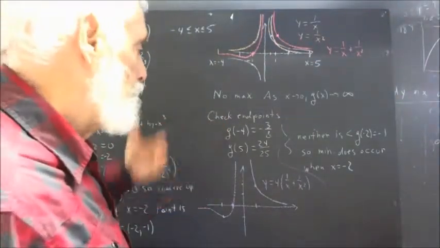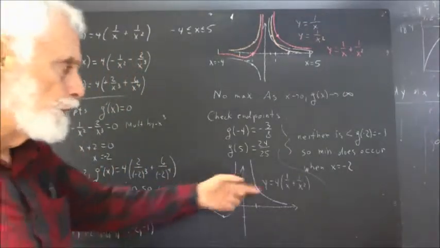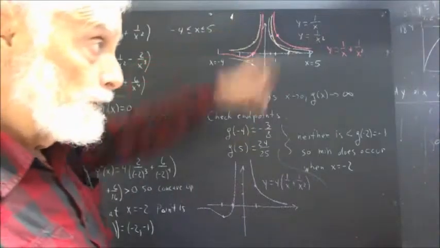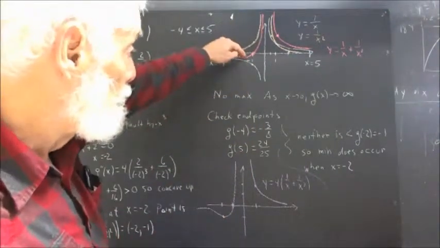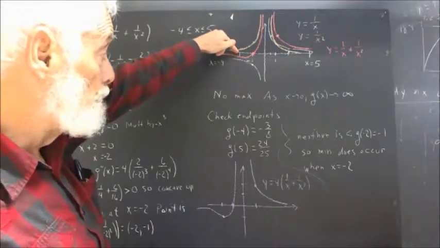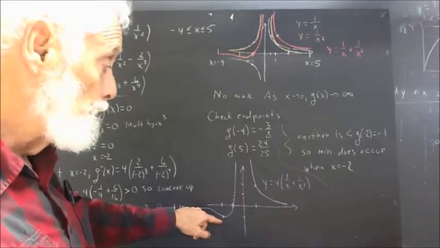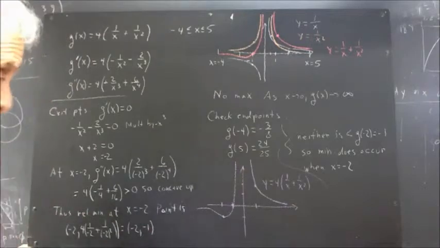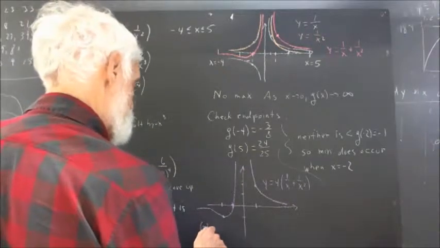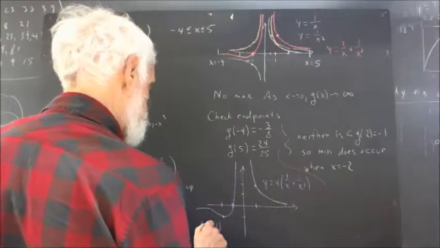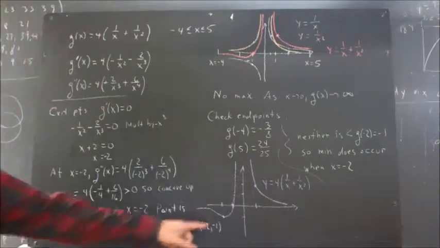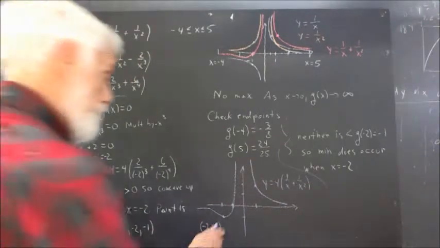So now, when I do the final graph of y equals 4 times 1 over x plus 1 over x squared, it has the characteristics of this graph. It's just that this low point is over where it should be, below x equals negative 2. That's where our relative minimum occurs, and that relative minimum occurs at the point -2, -1, as we calculated using our calculus, and we wouldn't have been able to get that if we hadn't had the calculus.